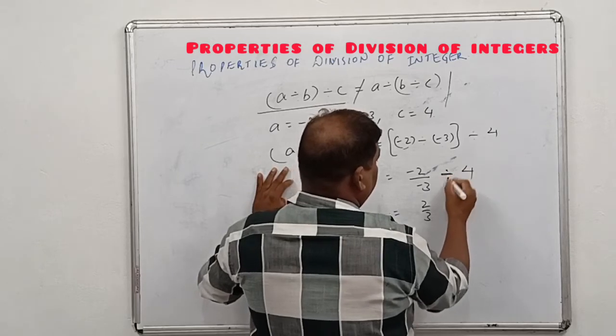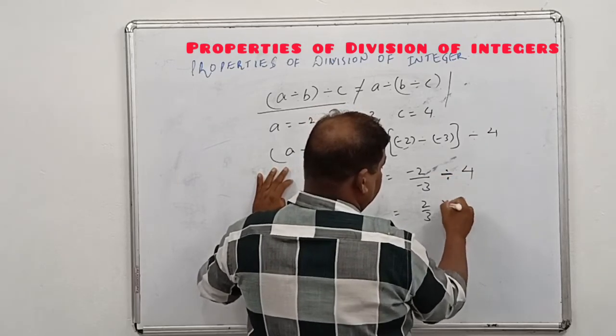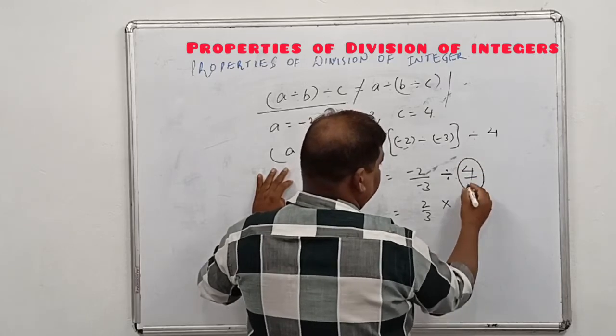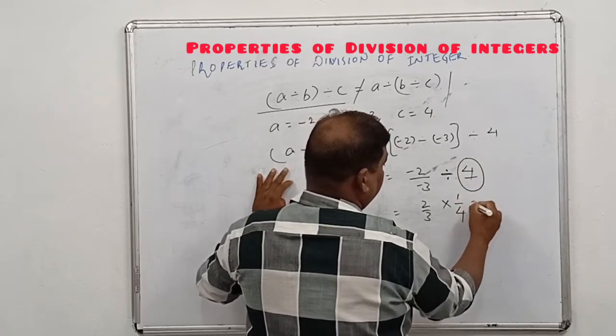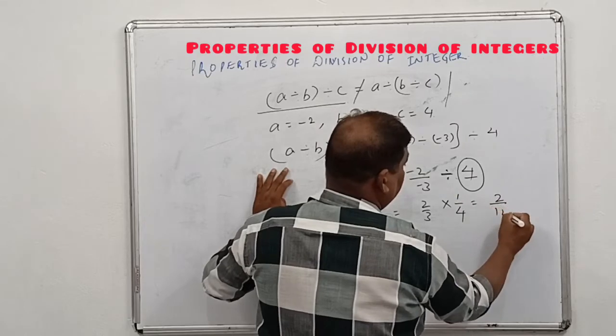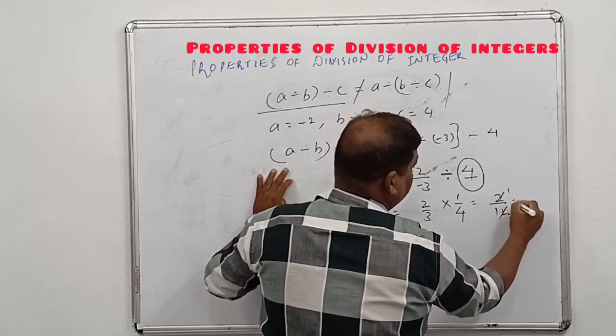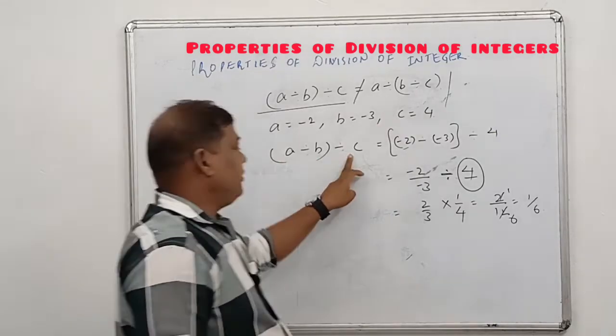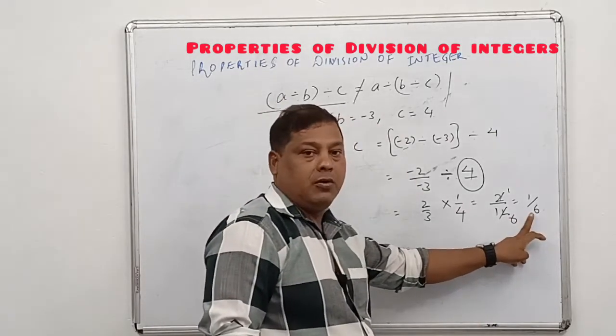When you change divide into multiply, this 4 will become its reciprocal, that is 1 by 4. 2 ones are 2, 3 fours are 12. That means 2 sixes are 12, that is 1 by 6. So (a upon b) upon c gives the result 1 by 6.